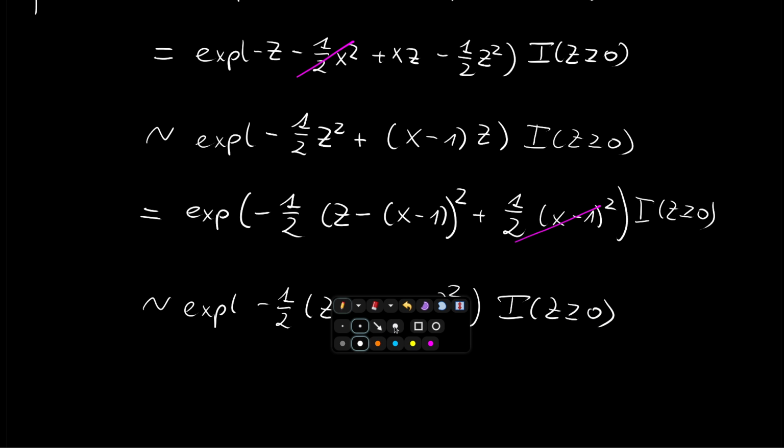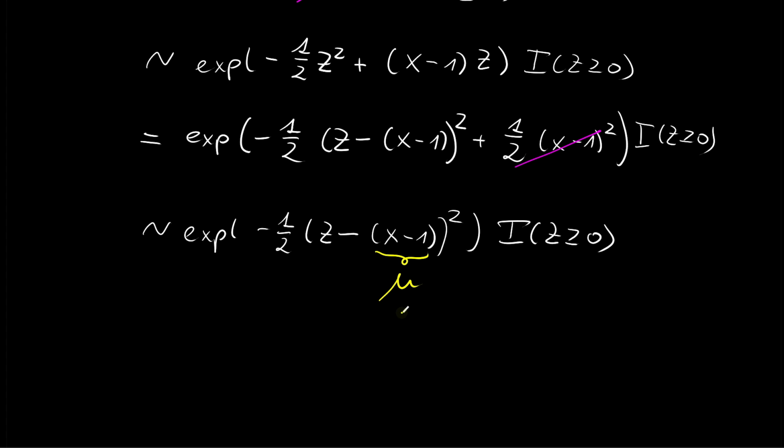And if I now highlight one thing, then probably there should be a bell ringing in your head. So if I say this is a mu, and then you look at it sharply and see exponential of minus 1/2 z minus mu in brackets squared, oh, that looks like a normal distribution. So I want to highlight this here and say that's a normal distribution.